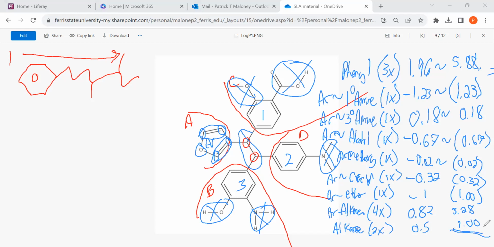And if you add these up, what I got was 7.10, which I would say is lipid soluble. I did not identify any hydrogen bonding. Are there any questions as to how I did this?